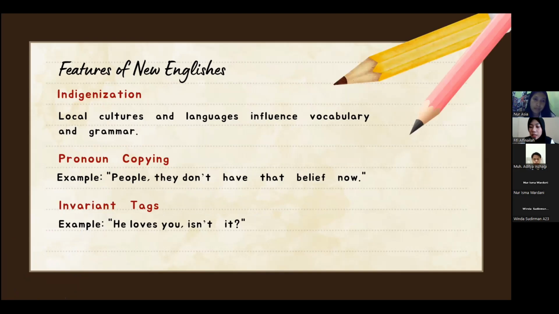For example, it's common to see pronoun copying, where a sentence like "people they don't believe that now" repeats the subject for emphasis. Another feature is the use of invariant question tags, like "isn't it" at the end of statements, regardless of the sentence structure. This happens in many places, such as India or Singapore, even in Indonesia, and even the local people or native speakers speak like this.